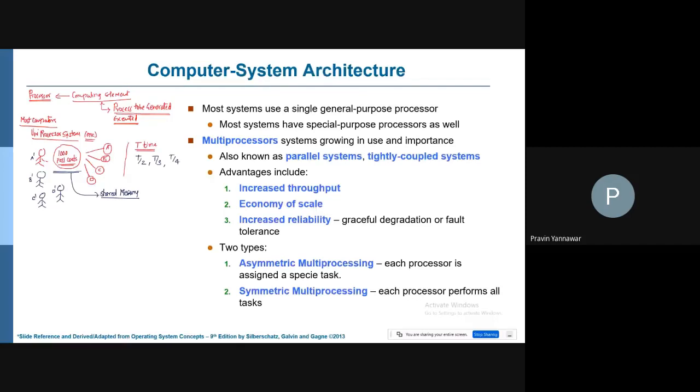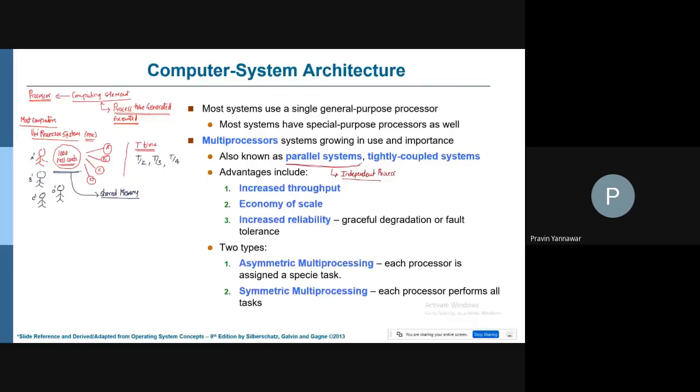So when you have such an architecture working in parallel, we need to consider one most important criterion, and that criterion is that you should have independent processes.